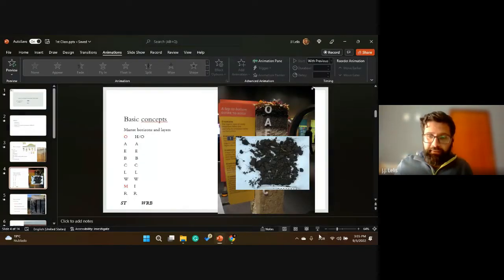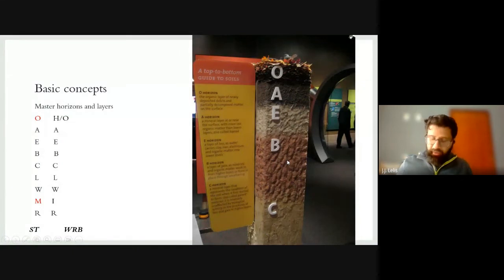So people, let's define what is a horizon and what is a layer. A horizon is some part of the soil that's produced by pedogenesis, produced by soil formation factors, produced by processes that create soil.